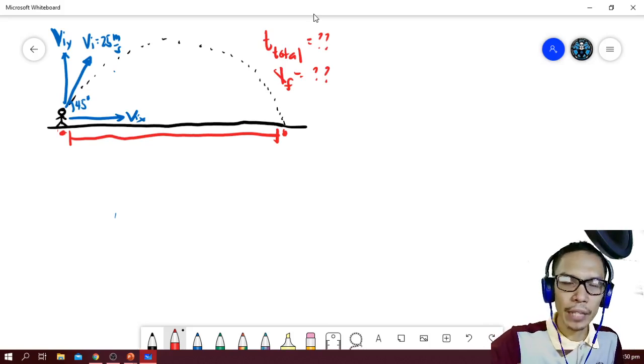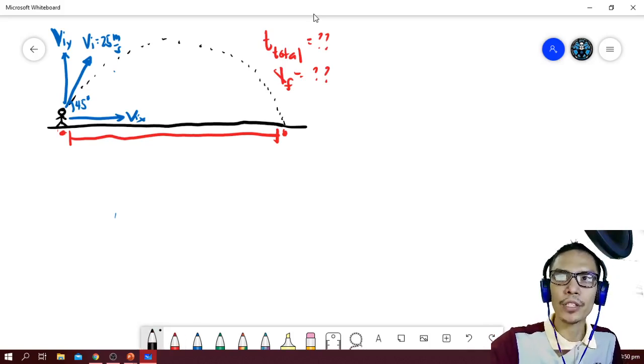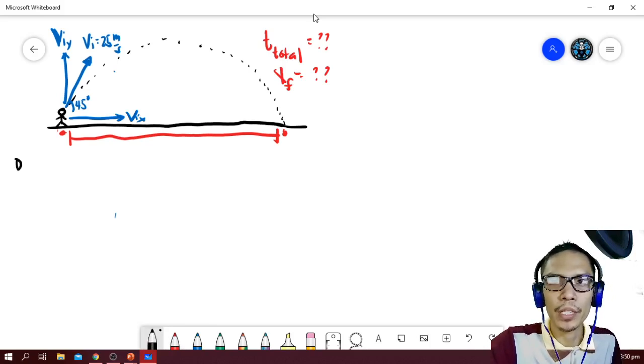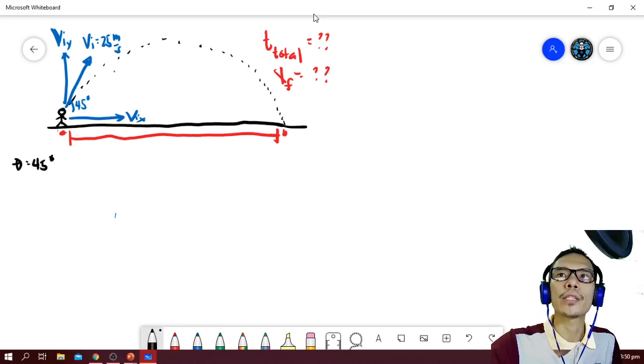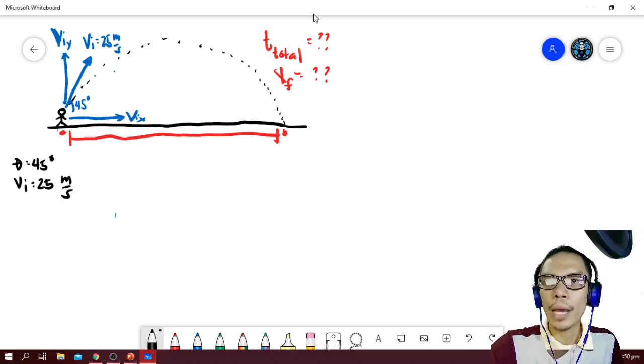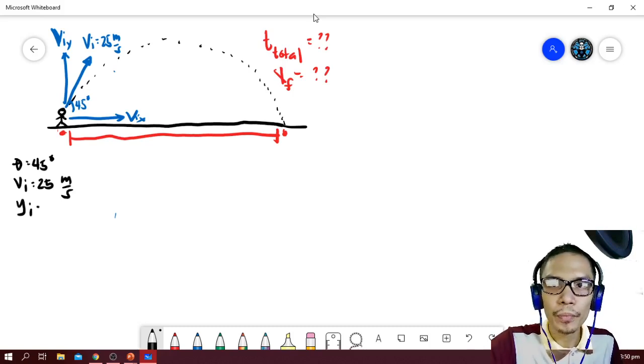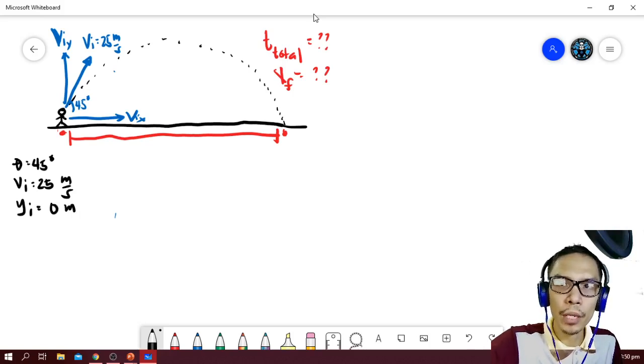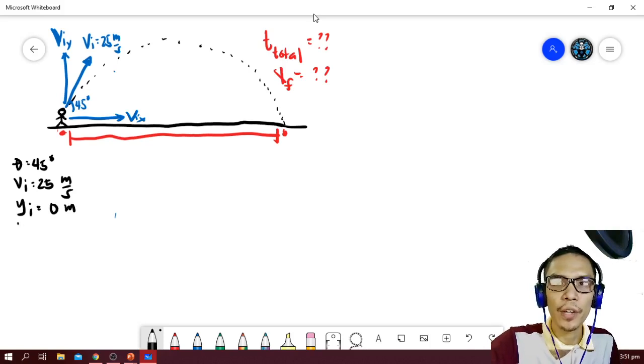Now, let's start by writing all the given values in the problem. We have the angle, 45 degrees. We have v sub i, which is 25 meters per second. We have y i, which is 0 meters, because we started on level ground, so it's not a cliff.